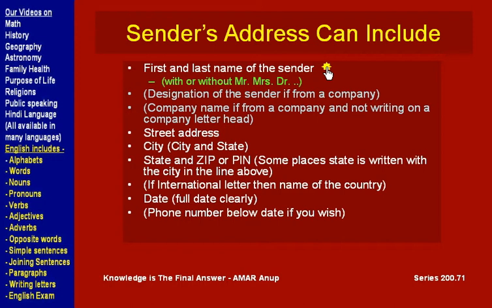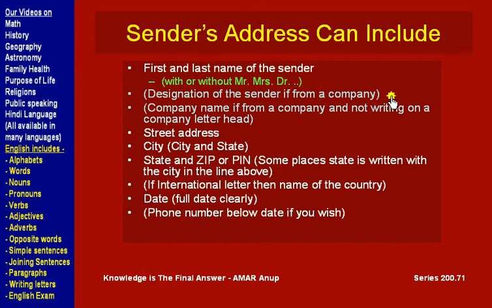The second thing was that we said that after the name is the street address. However, that is when you are writing to a company as an individual. But if you are writing to a company from a company, then the second line will be your designation. That is, what are you?